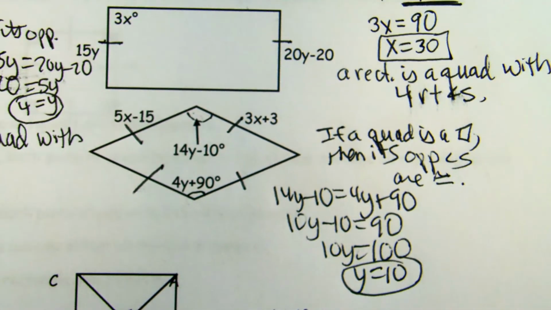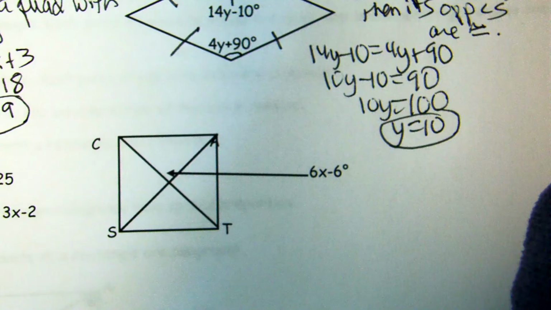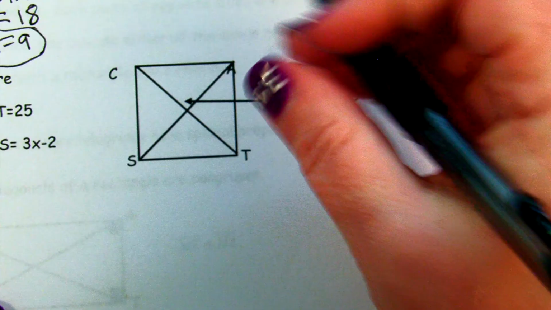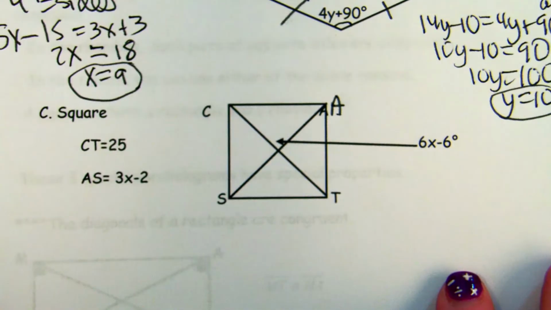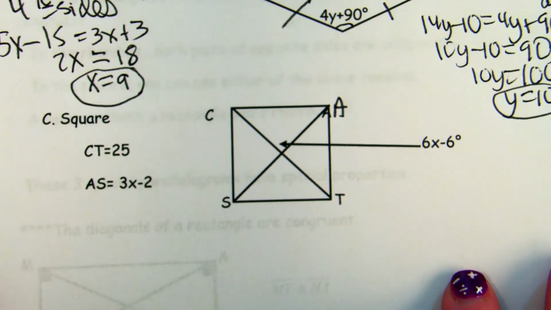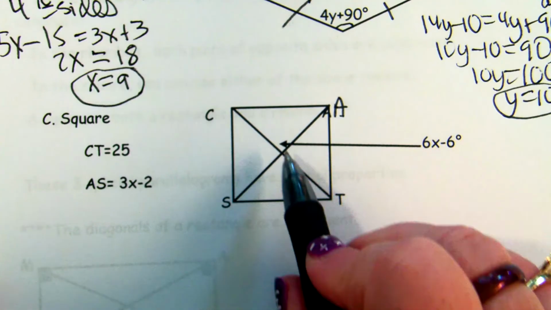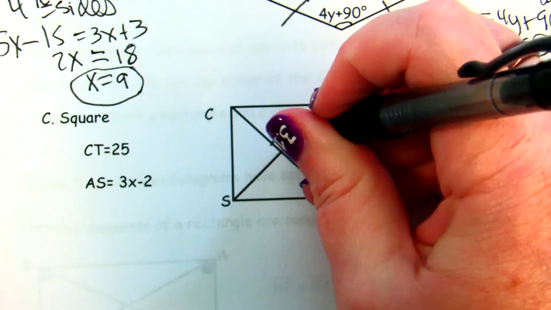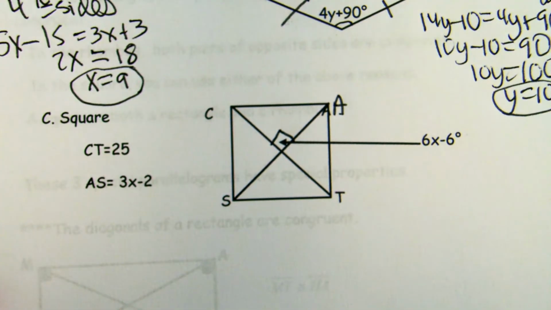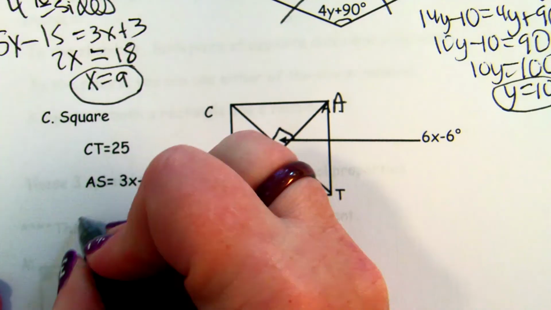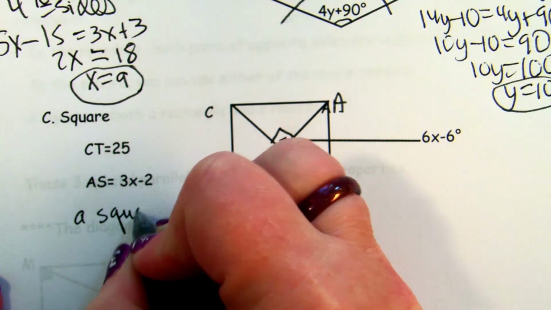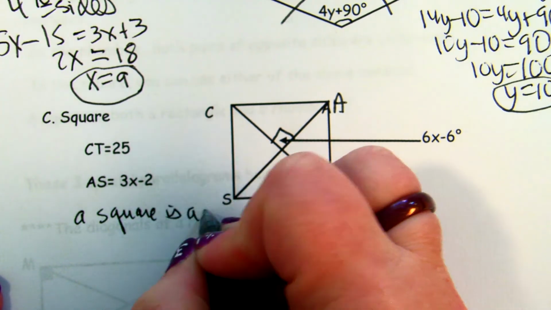And then our last example is a square, which has so many things that are true about it. The A is right here. It got moved over. This is pointing at right here. And we all know that the diagonals of a rhombus are what? Perpendicular. A square is a rhombus.